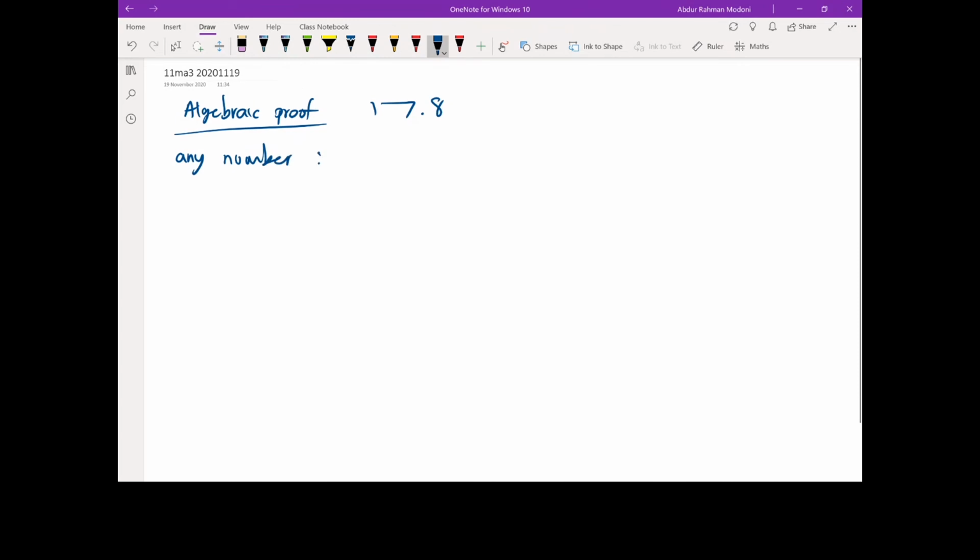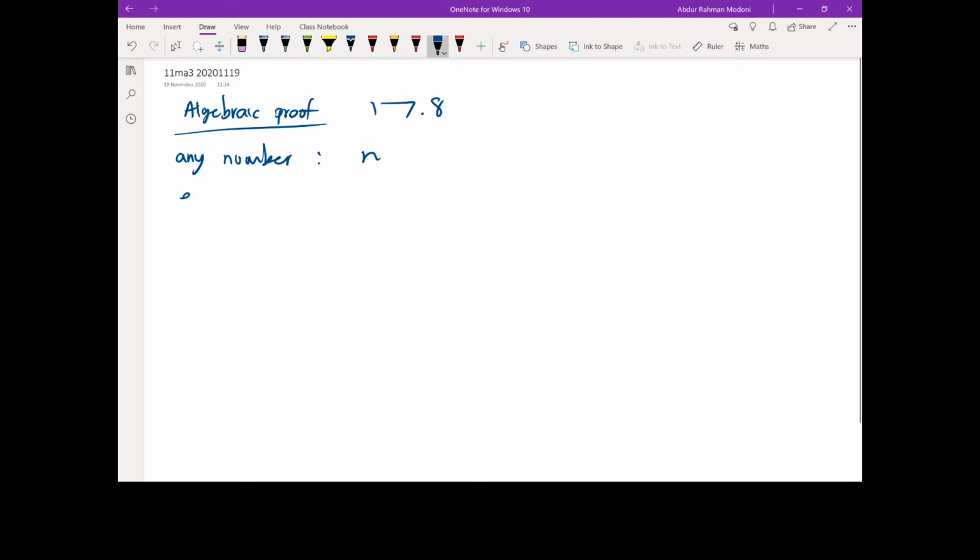So for instance, if I use the letter X, that represents any number. It could be 1, 2, 3, 4, 5, any integer. So X or any letter, N, it doesn't really matter what they use. Quite commonly, they actually use N, so maybe I should use N. Okay, let's use N. Any number, N.